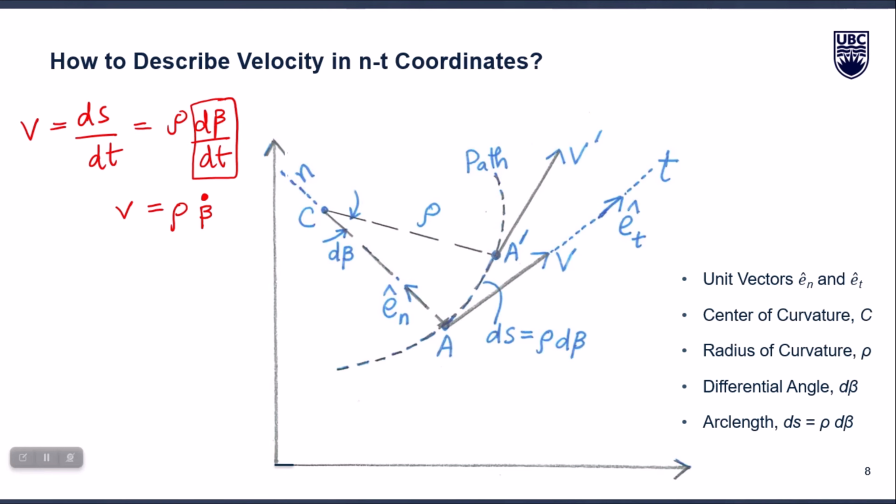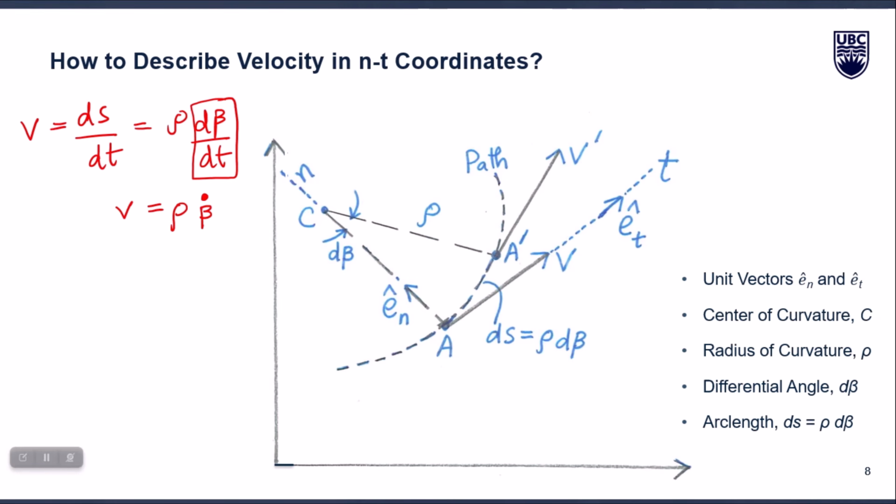But acceleration is neither tangent to the path nor normal to the path. We have seen in the introduction to plane curvilinear motion that acceleration's direction depends on the change in velocity, and that change in velocity is neither tangent to the path nor normal to the path, which means that at any time instant the acceleration vector can have both components, along t and along n.